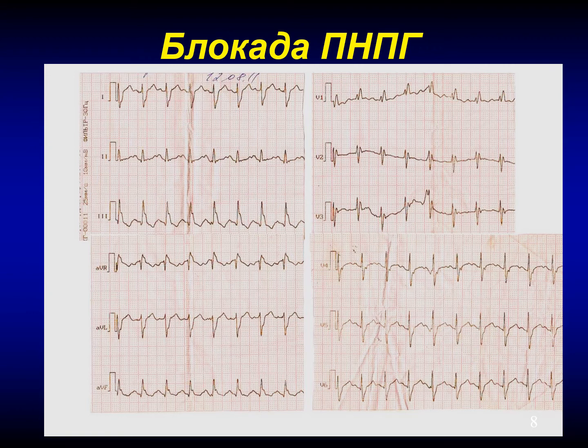If we speak about complete bundle branch blockage, right or left, we have widening of the QRS complex, more than 0.12 seconds. If we have a non-widened QRS complex, it means that the patient has incomplete right bundle branch blockage.